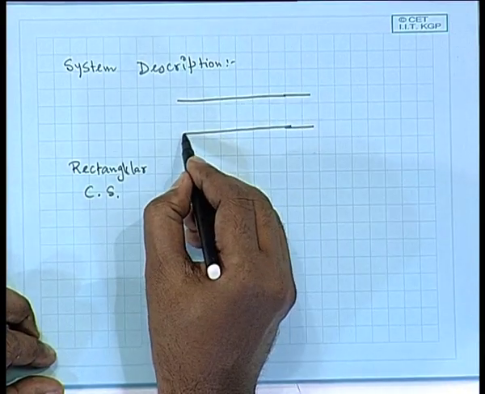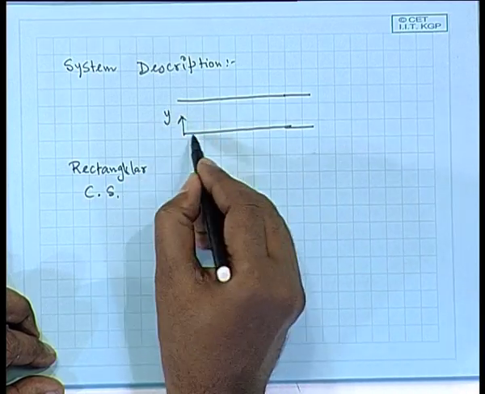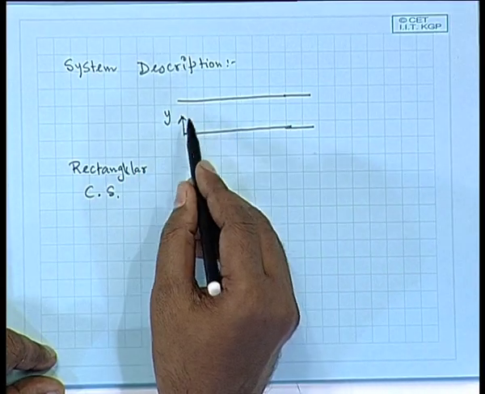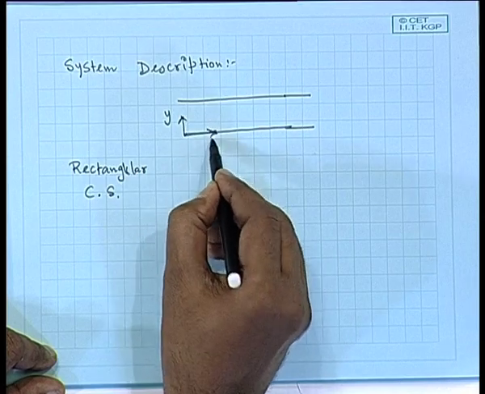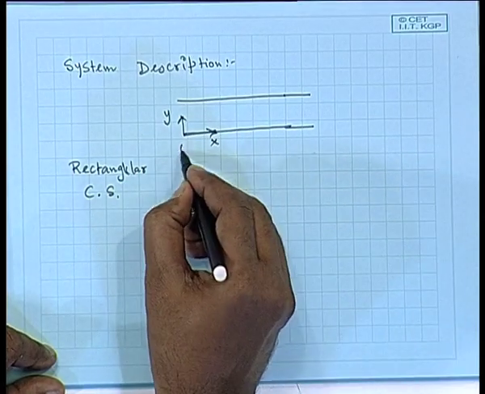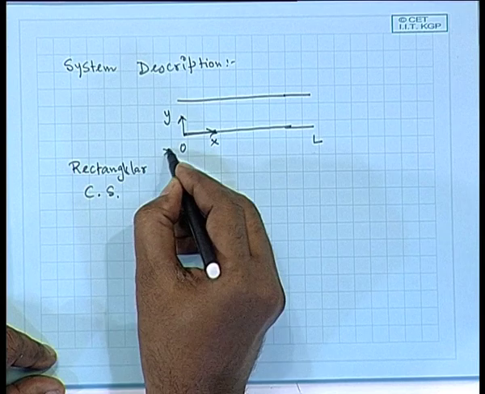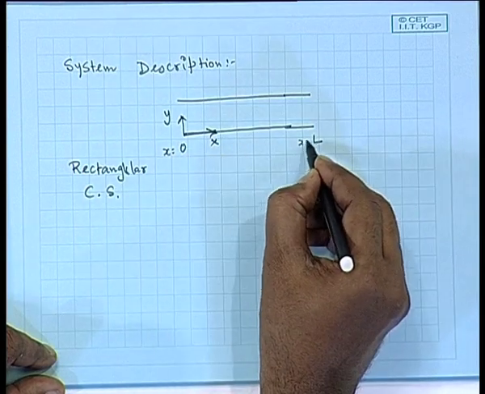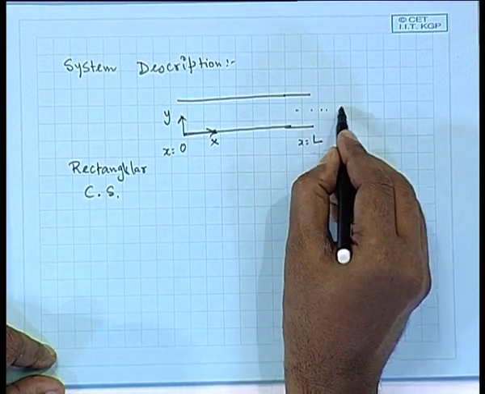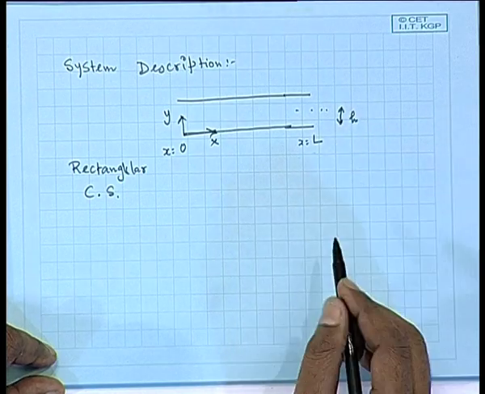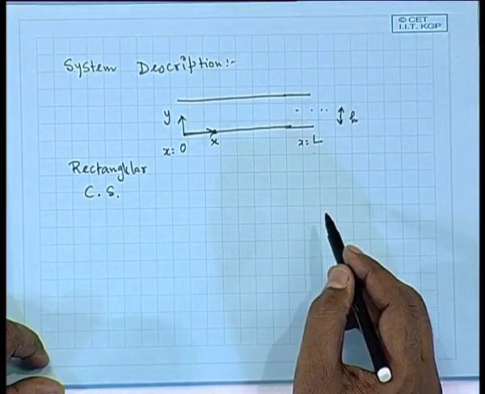Our y axis is from the bottom surface facing the top, and this is the x axis. The length of the channel is from x equal to 0 to x equal to L. The half height of the channel is small h, and the full height is twice h.